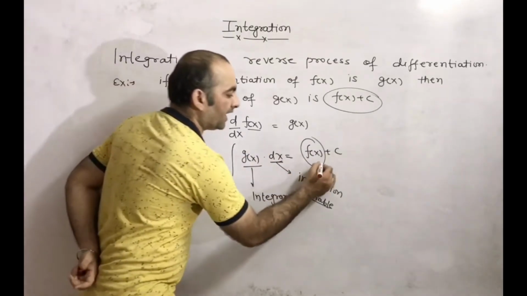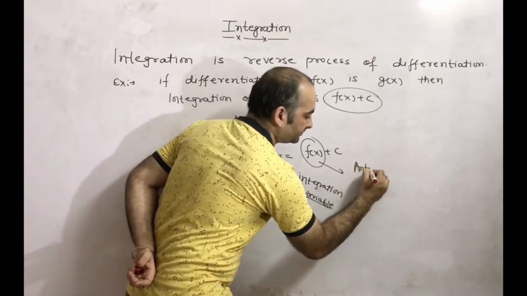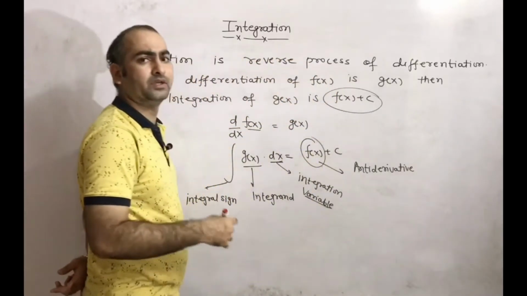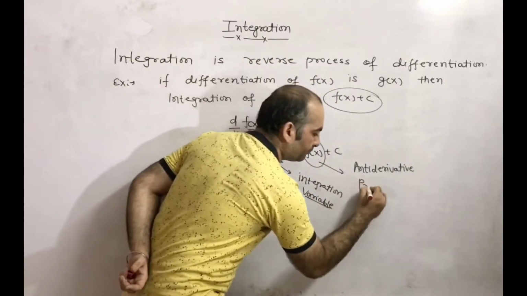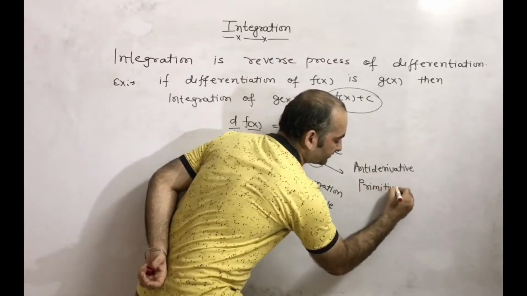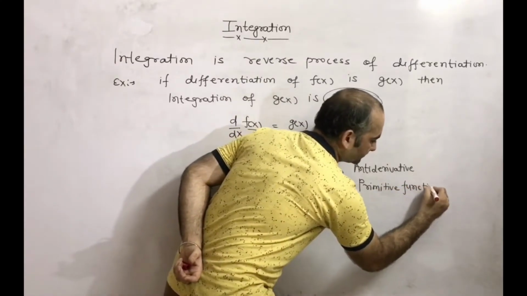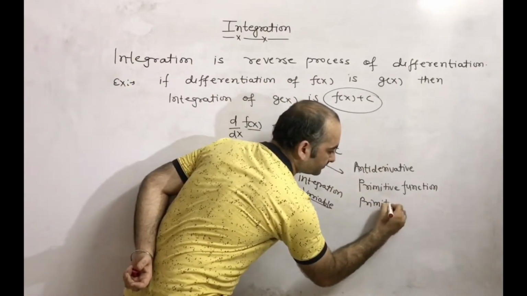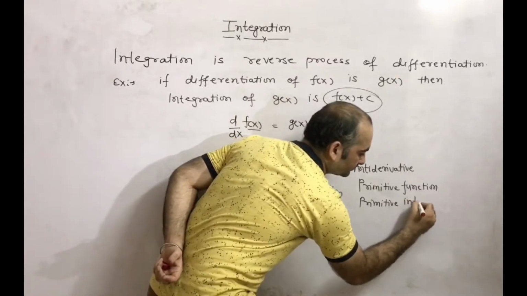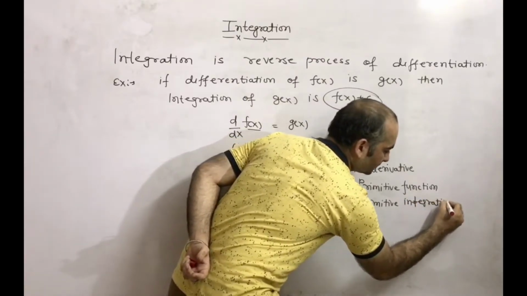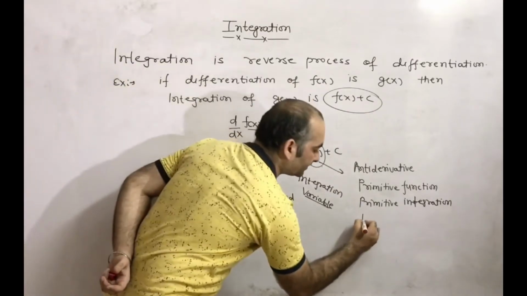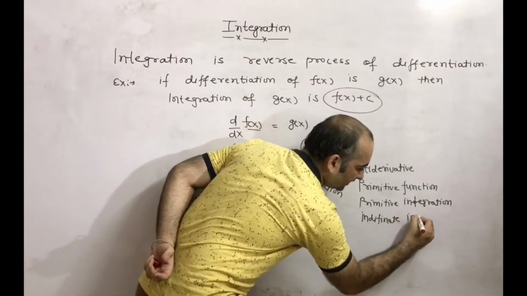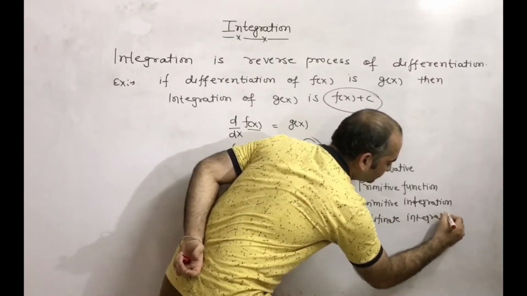So this is called the antiderivative, or we can say primitive function, or primitive integration, or indefinite integration function.